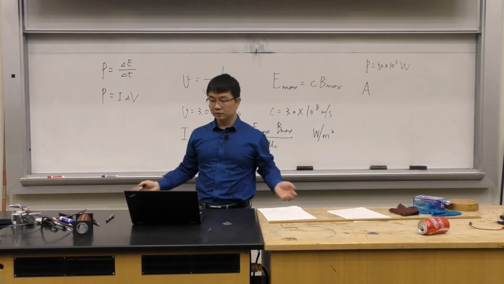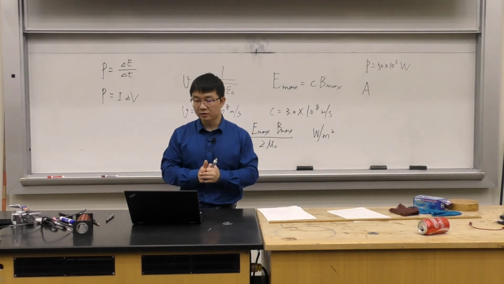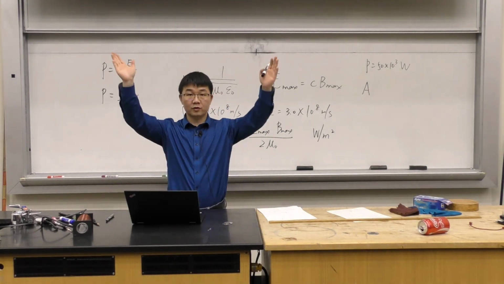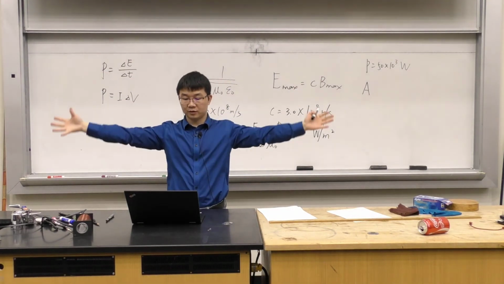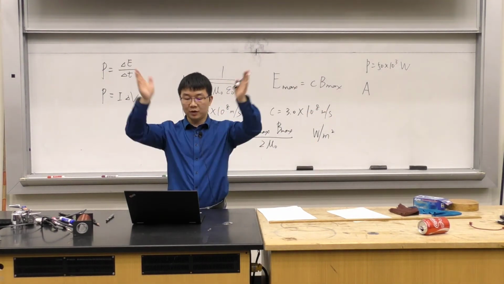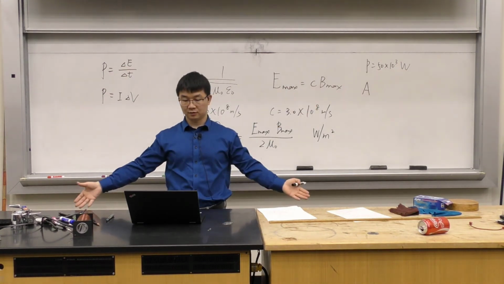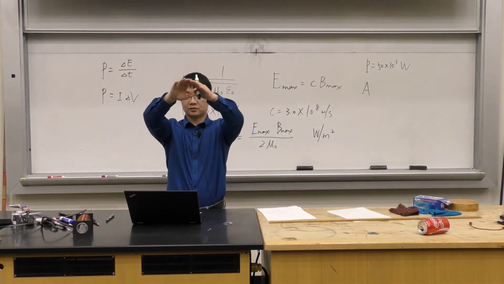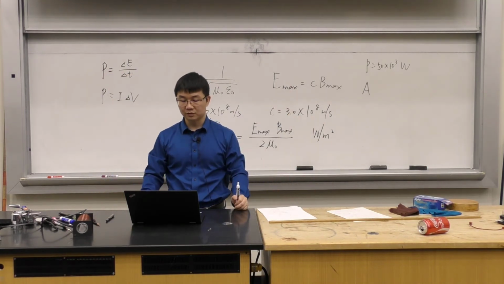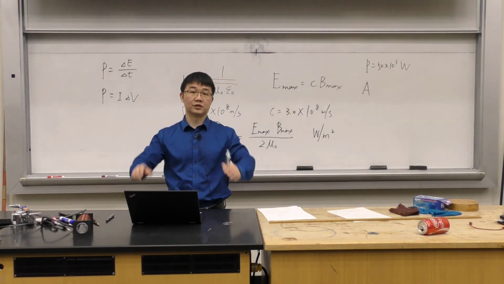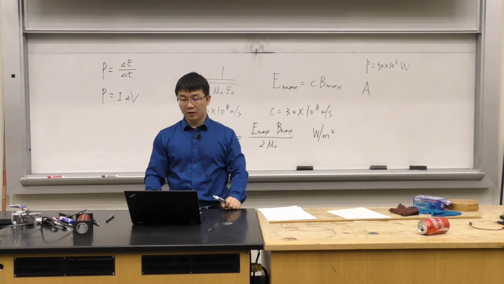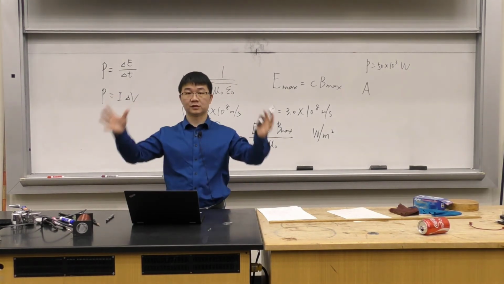Because it's emitting E&M waves in all directions, the surface is going to be a sphere, but it's emitting above the ground, so the surface that receives the waves, at the same distance from the transmitter, is going to be half a sphere. And what is the area for half a sphere?